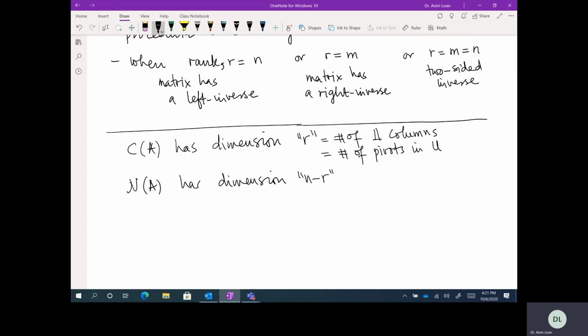The column space is also called the range, and the null space of A is also called the kernel. So the null space of A has dimension n minus r, and this is equal to the number of free variables.